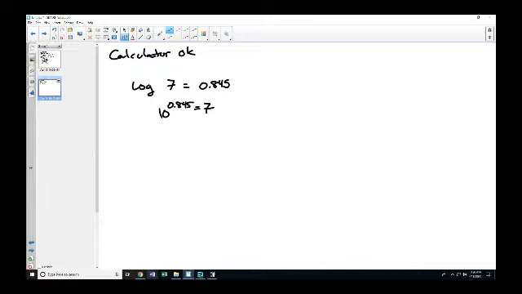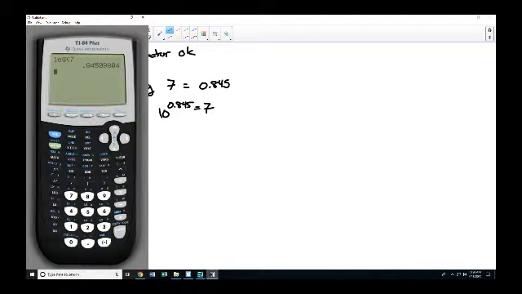It's not going to be perfect because I truncated that decimal. 6.9. If you look at your calculator, see how if you round it off, you're going to get a different number.